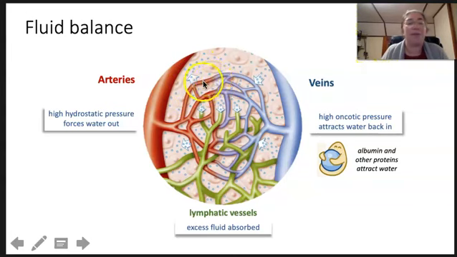Capillaries are much more permeable than your arteries. Their purpose is to allow for exchange of nutrients and gases. So at the arterial end, because the hydrostatic pressure is so high, water leaves and goes into the interstitial fluid between the cells, and that's how cells can get water.